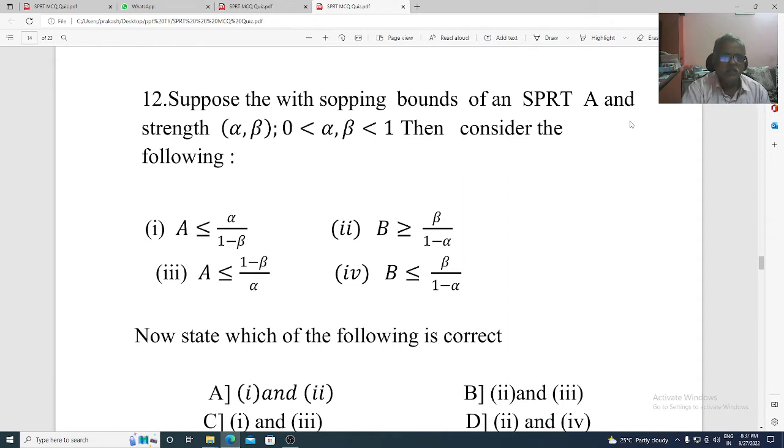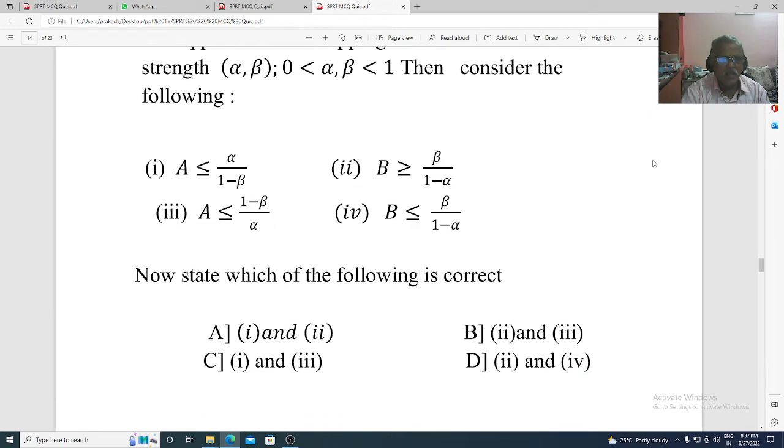Suppose with stopping bounds of an SPRT A and B, strength alpha, beta, then consider the following: 1. A less than or equal to alpha divided by 1 minus beta. 2. B greater than or equal to beta divided by 1 minus alpha. 3.